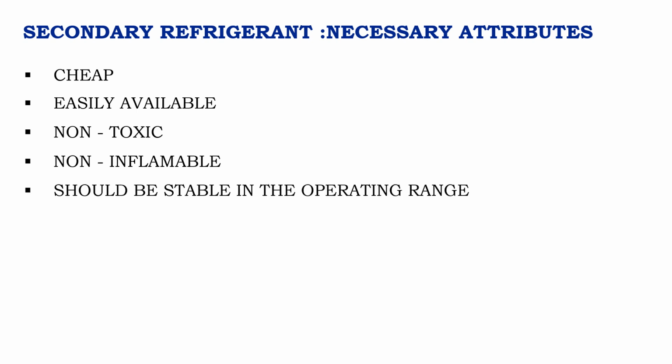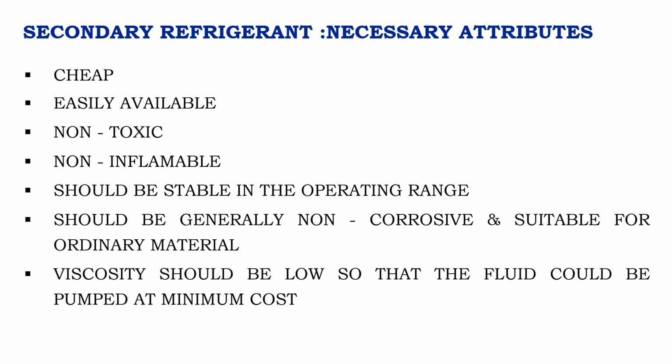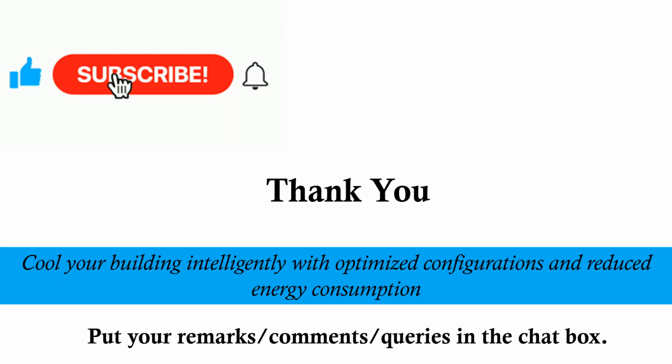It should be stable in the operating temperature range. It should be generally non-corrosive, suitable for ordinary materials. Viscosity should be low so that the fluid can be pumped at minimum energy cost. Hope you have got an insight into how hydronic distribution should be configured and why water adds great value as a secondary refrigerant.